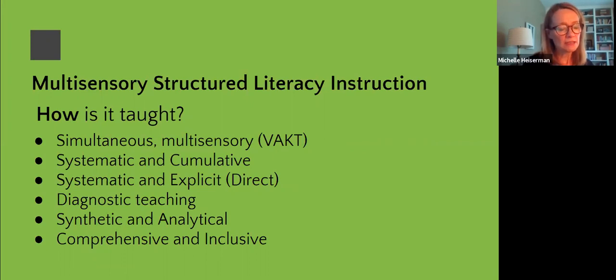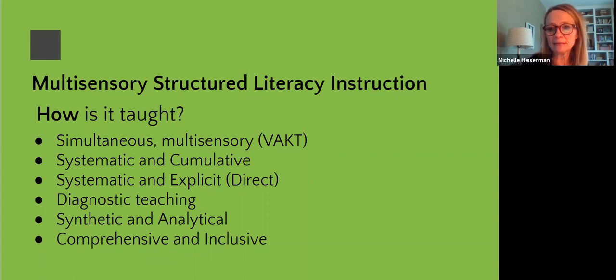How is it taught? Multisensory instruction is taught simultaneously, and it's taught through visual, auditory, kinesthetic, and tactile modalities. It's taught in a systematic and cumulative way, which means that there is a progression from the more simple task to the more complex.